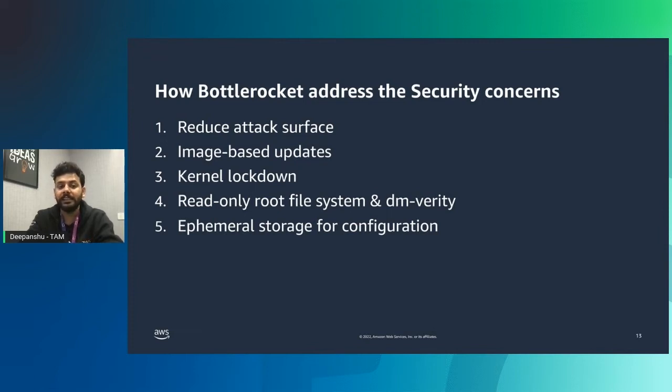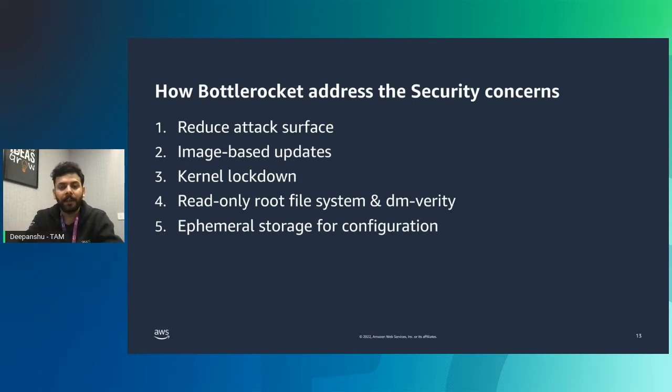Also, access to Bottlerocket can be regulated with IAM. So to access Bottlerocket, you need to have IAM permissions. Otherwise, you cannot access it. No matter whether you are trying from SSH or from the console or whatever way, you need the IAM access. So this overall reduces the attack surface because you really do not have a lot of entry points here.